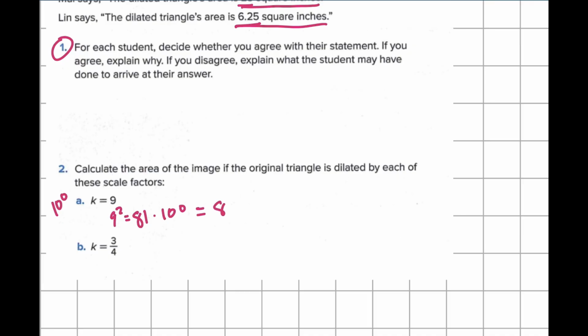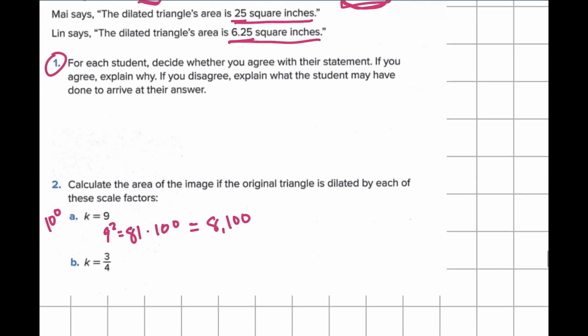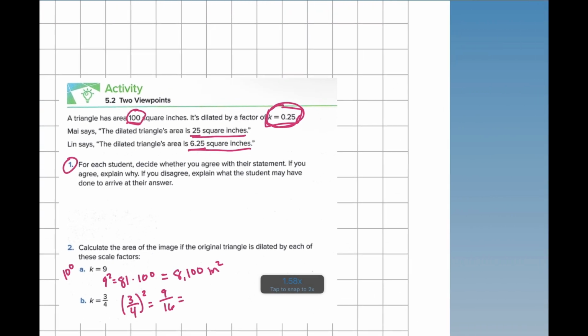So you get 8,100, and did it say inches squared? So do that with B, and remember, when you multiply our scale fraction, we're going to square the top and the bottom, and you can give me a decimal. You can just put 9 divided by 16 times whatever that original was.